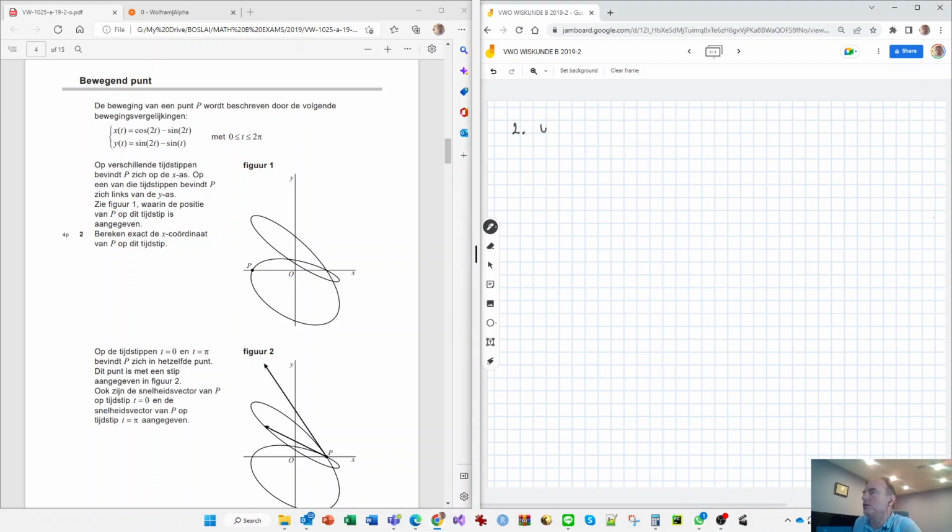Right, so we need to set y of t equal to 0. That means that the sine of 2t minus sine t is equal to 0.